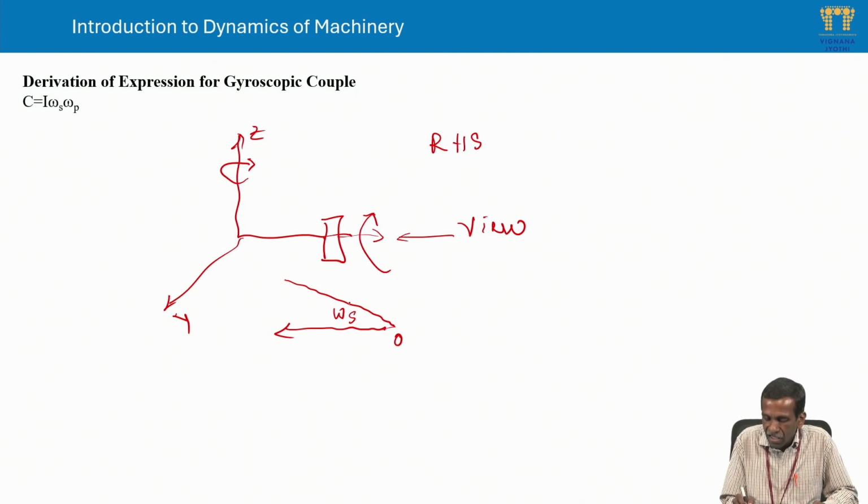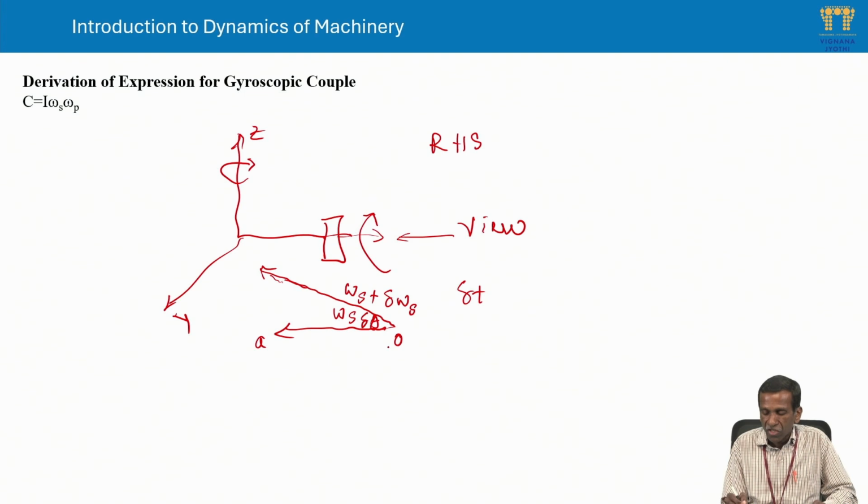And let us say the spinning angular velocity also changes during this rotation. A rotation delta theta is given about the z-axis in time delta t, and the spinning angular velocity changes from omega s to omega s plus delta omega s. Let us say the starting omega s, in the direction along the x-axis, is represented by the vector OA.